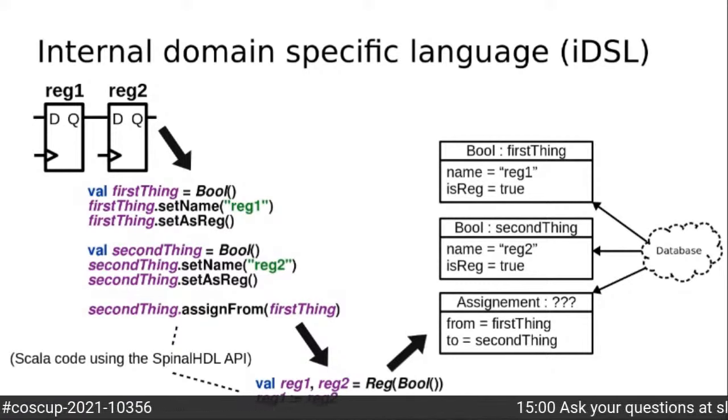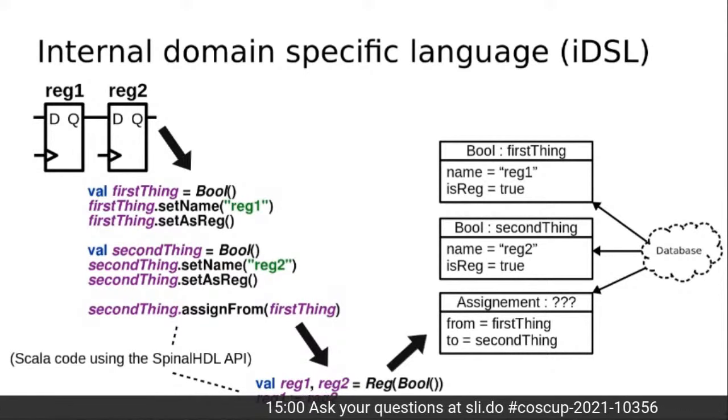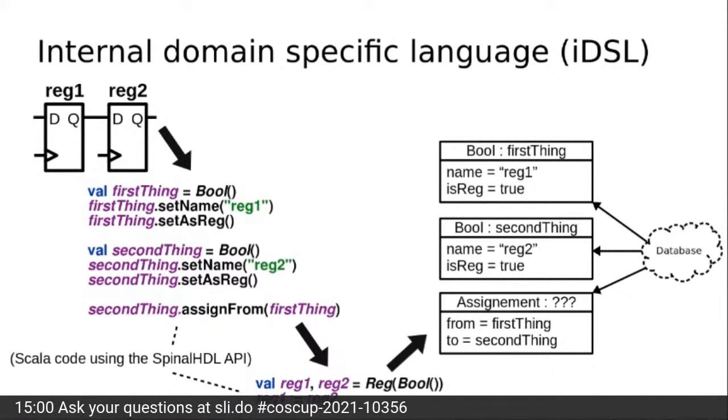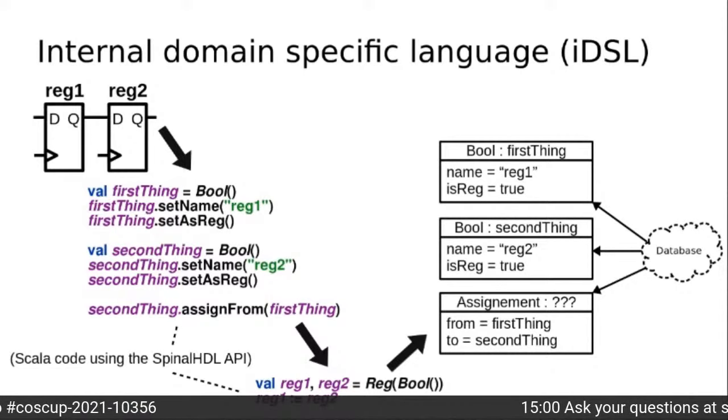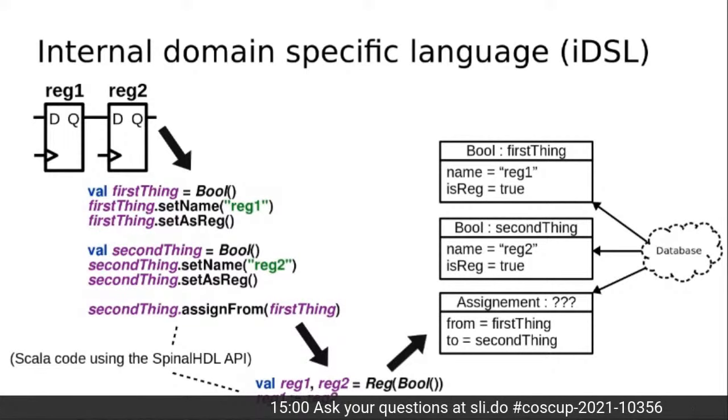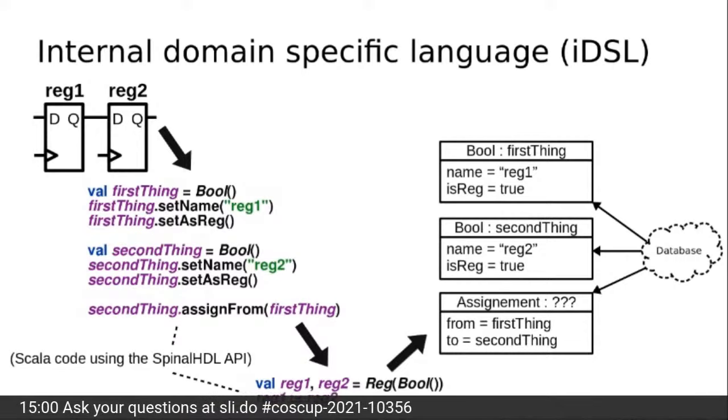The concept is that you use a general purpose programming language with a given library, which provides you an API to describe what you want. For instance, if you want to generate some XML file, maybe you can find some internal domain specific languages to make this easy for you.